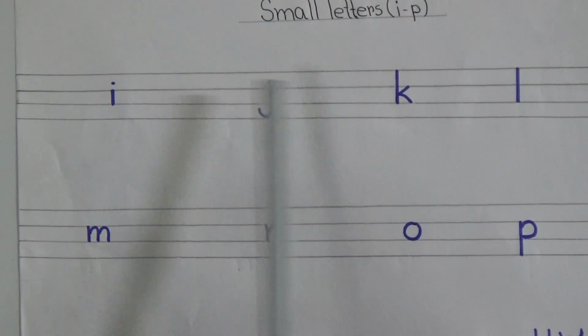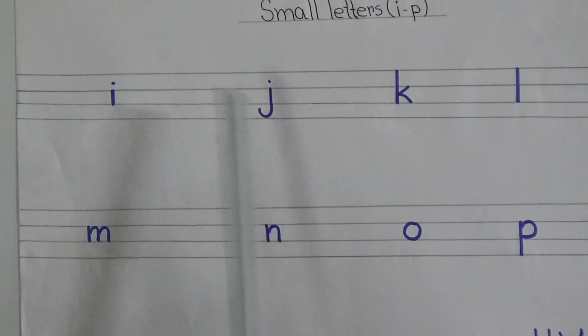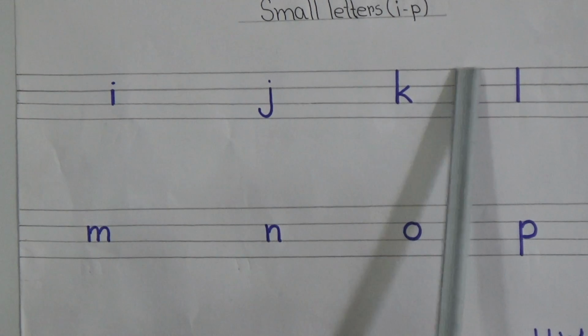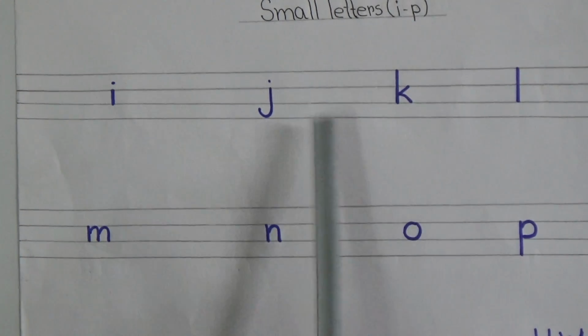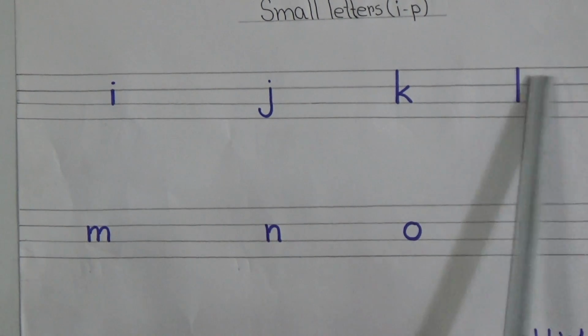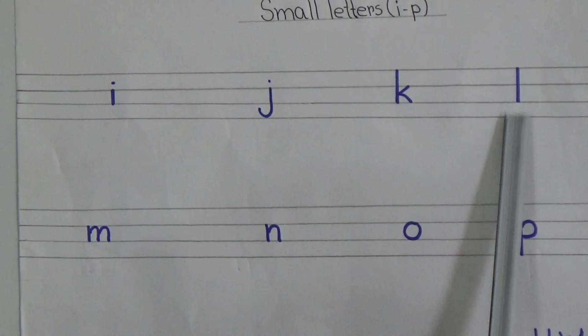Some of the letters we use the first border line and the last border line, like J, K, L. First border, we start from the first border line to the second line.